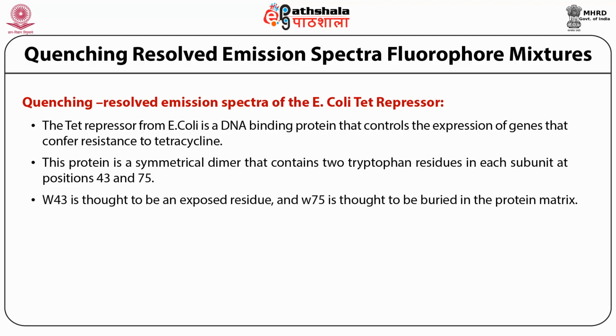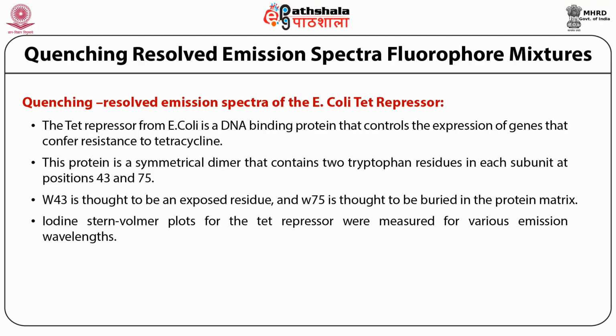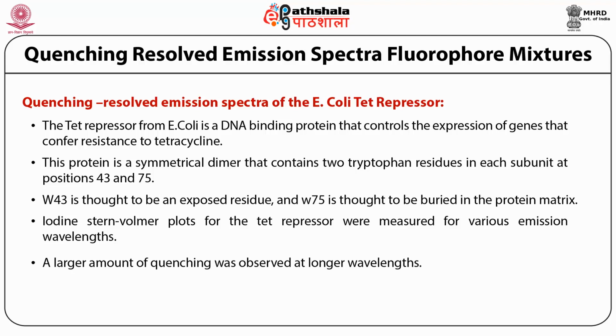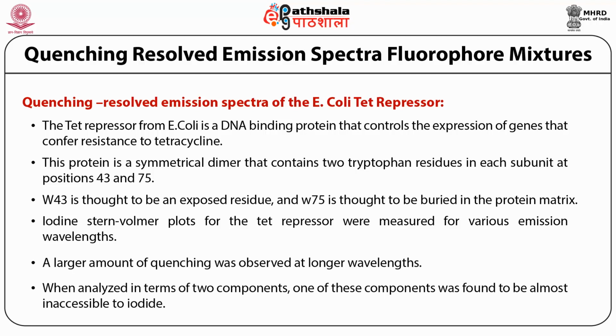W43 is thought to be an exposed residue, and W75 is thought to be buried in the protein matrix. So iodide Stern-Volmer plots for the TET repressor were measured at various emission wavelengths. A large amount of quenching was observed at longer wavelengths. When analyzed in terms of two components, one of these components was found to be almost inaccessible to iodide.